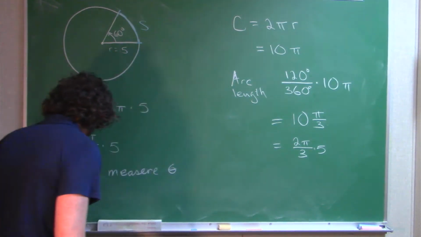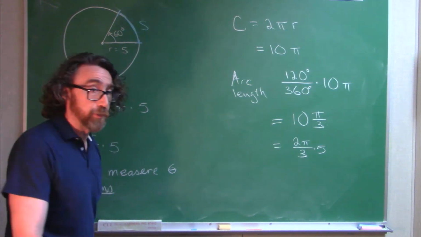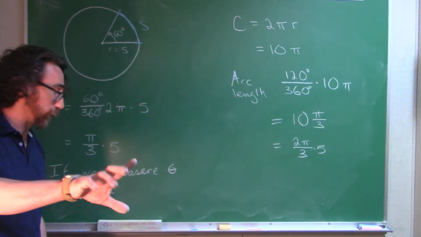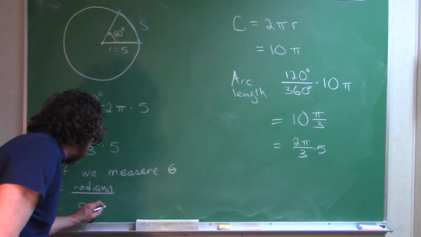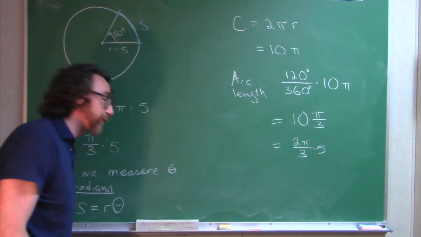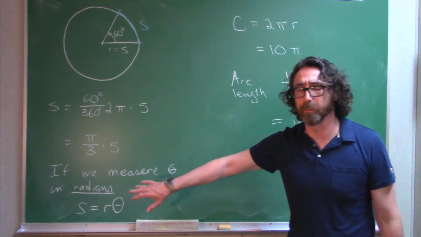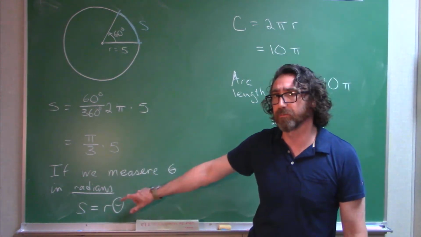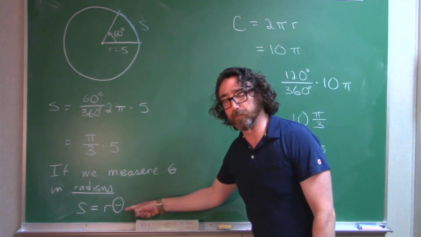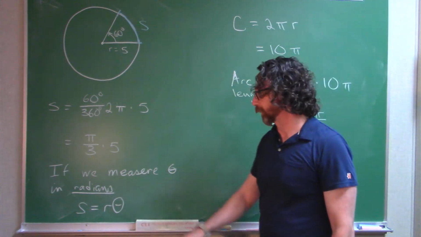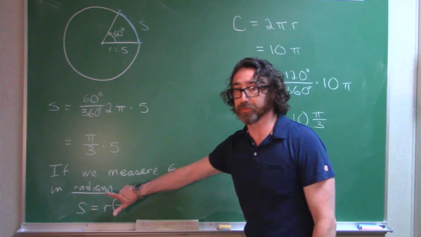If we measure theta in radians, and I'll show you how to convert from degrees to radians straight away in just a second, the length of an arc is equal to the radius of the circle times the angle theta. And we'll see this also simplifies some area formulas and some other things. So there are definite advantages to working in radians. This arc length formula getting simplified is one of them. If we measure theta in radians, the arc length is equal to the radius of the circle times the angle.